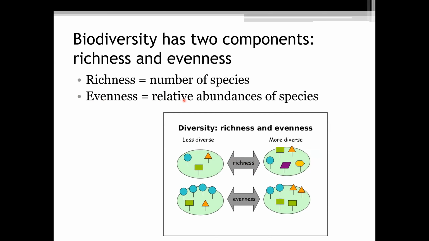Evenness is how much of each species you have. So when you have more of one species, so you have four of this particular species and then just one of this one and one of this one, this is less diverse than when you have an equal number of each of those species, so two of each of those. This is more diverse. So when you think about biodiversity, it has two components, richness and evenness.